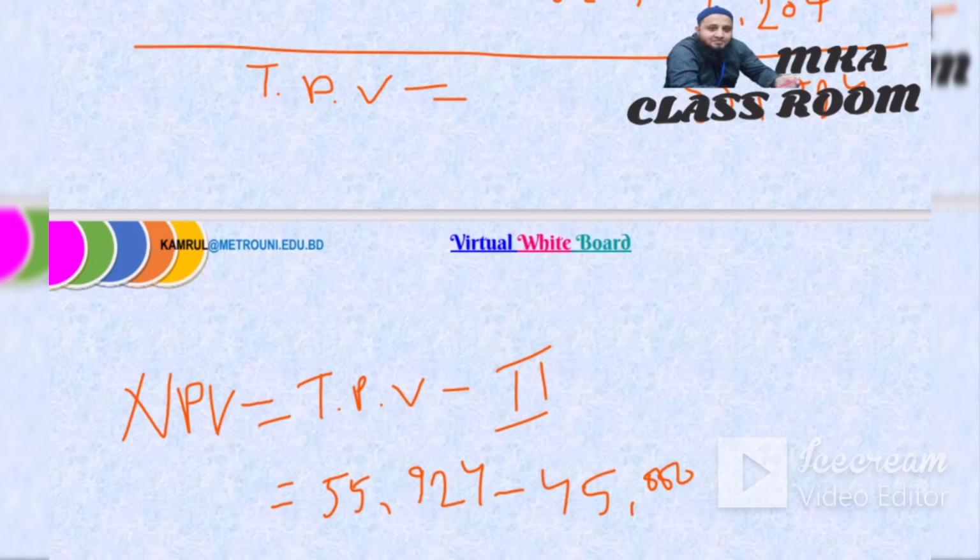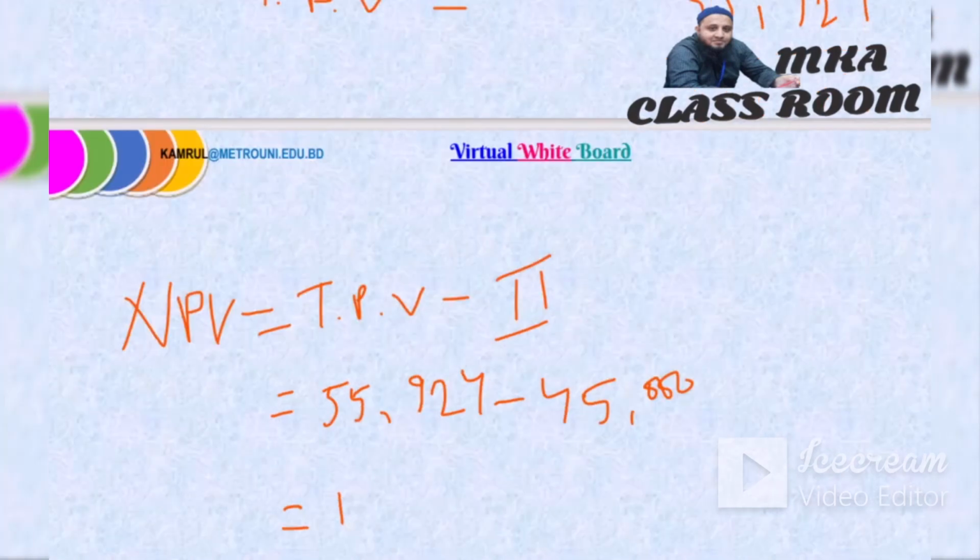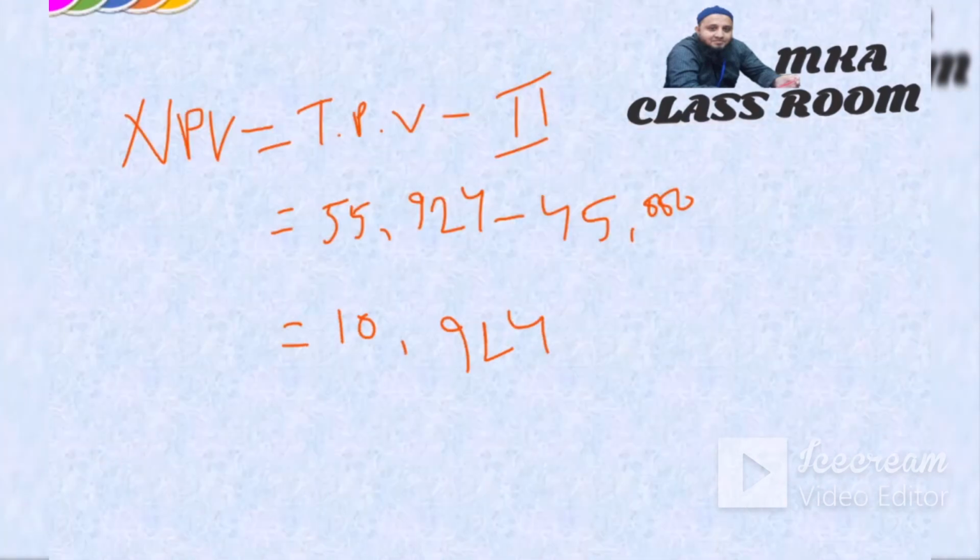The result would be 10,924. Obviously NPV is greater than 0, so you can accept this project. So the NPV of project B equals 10,924.